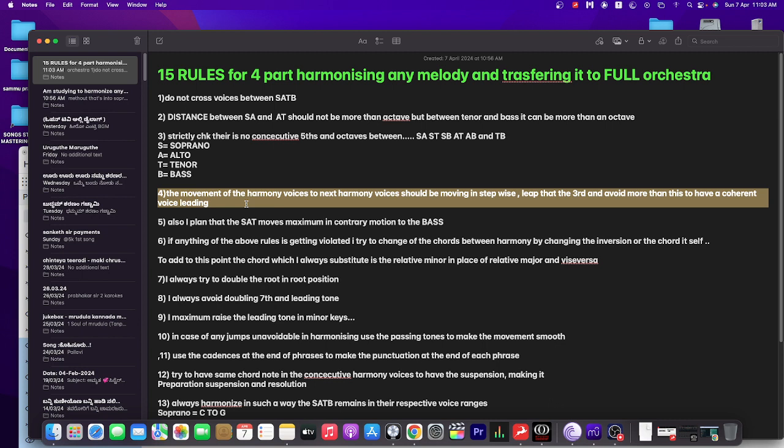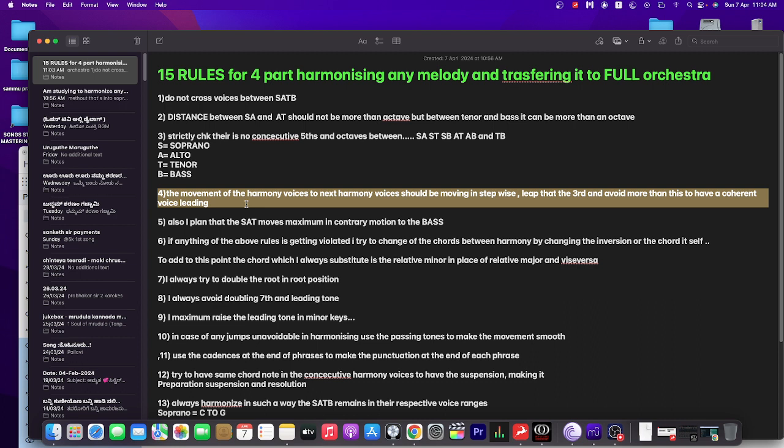What do you mean by leap? If you're moving from C to C sharp, it's a step. If you're moving from C to D, it's a leap. You're just jumping by crossing one note. That is two semitones. So it's not advisable to move more than a step or a leap.